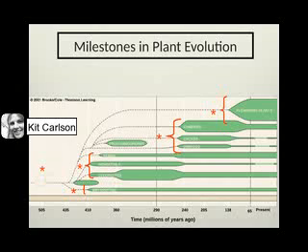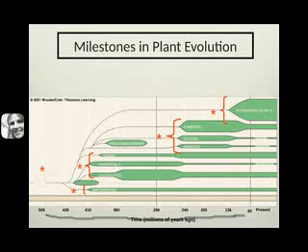So this graphic I actually referred to a couple slides ago, and you'll note this is our timeline, so millions of years ago, and here we have the different groups of plants. The width of this bar indicates species richness.